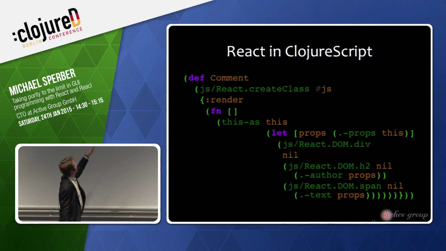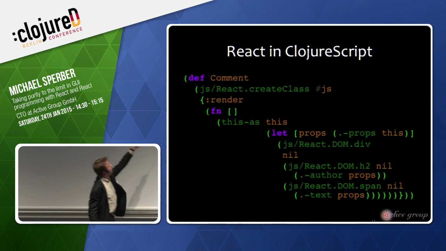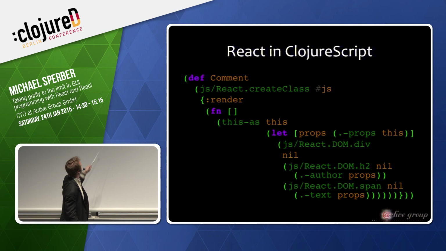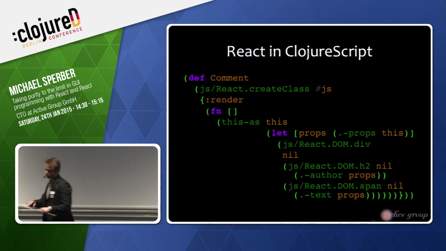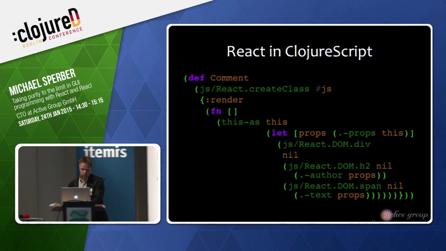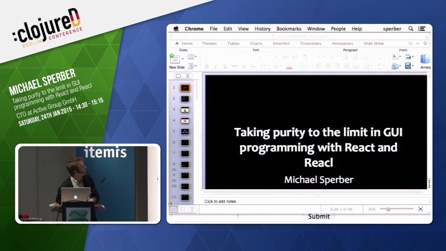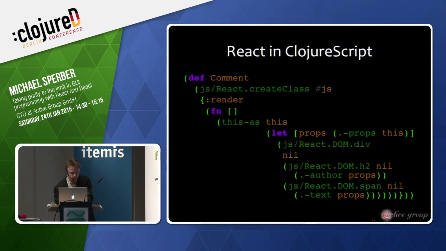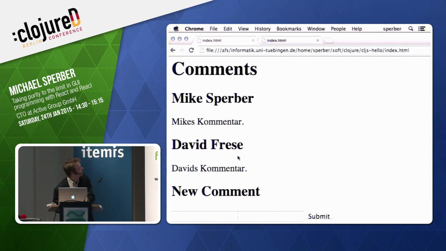So in this case, this particular component class is responsible for displaying a comment in some simple blog comment application. What it does is it receives a props object, and in that props object, you will have an author and a text field, which reminds me that I should probably just show you that application. Here it is, right?